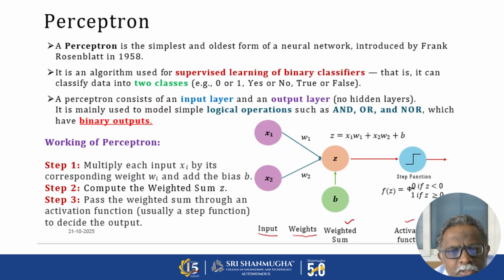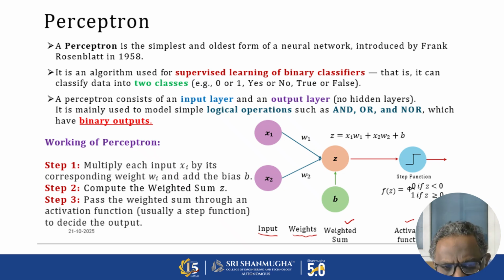The perceptron is the simplest and oldest form of neural network, introduced in the year 1956 by Rosenblatt, and it is considered a supervised learning algorithm for binary classification. Its output is going to be 0 or 1, yes or no, true or false. So this is a binary classification type.